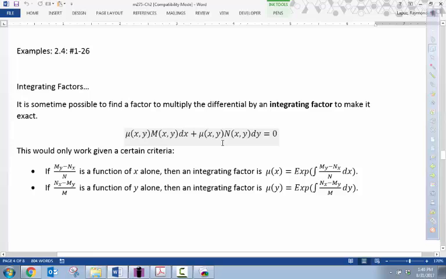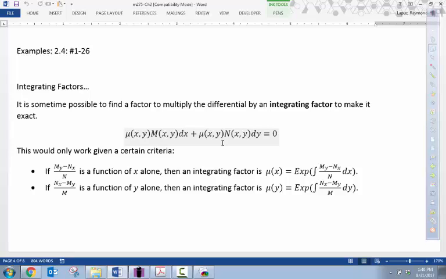If your differential equation is not exact, there might be a possible way to make it exact by multiplying your differential equation by some function that could possibly make it exact.